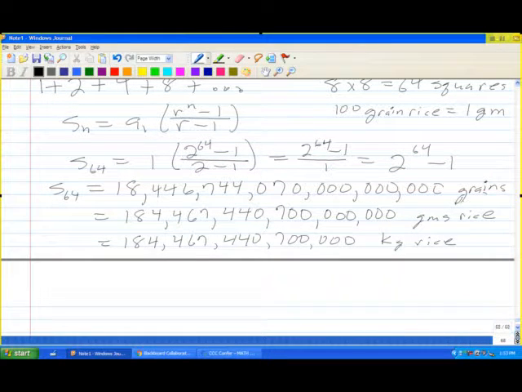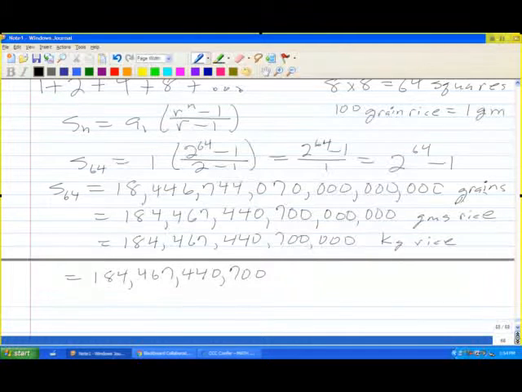184 trillion, which is 184, 467, 440, 700. Okay, good. I only have the last 2 zeros I'm not sure about. Metric tons of rice.